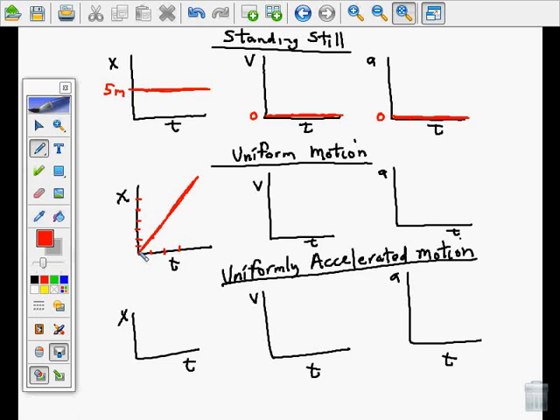And basically, the slope of that line ends up telling you how fast the object is going. So whatever that slope is, in the example I just stated, was 2 meters per second. That turns out to be what the velocity is here.